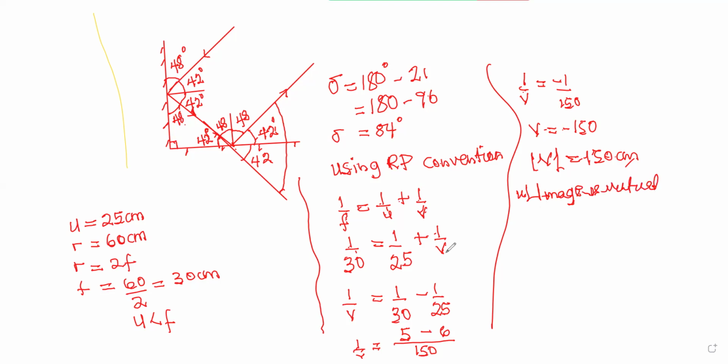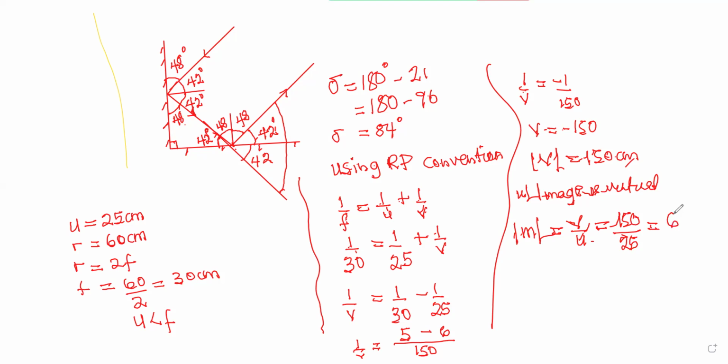Okay. Then the third question, the magnification. The magnitude of the linear magnification is V over U. V is 150, U is 25. What is 150 divided by 25? 6.